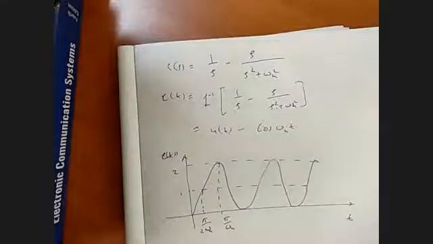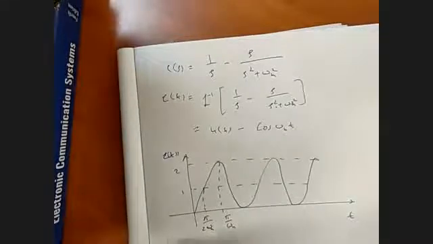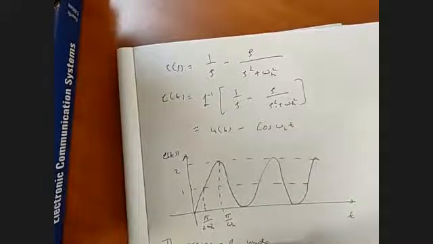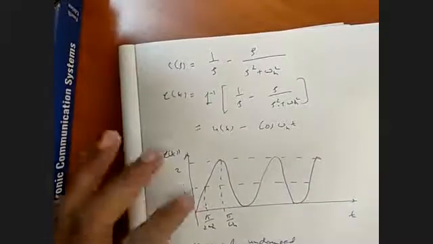So the unit step response of the second order system when delta is 0 will be a continuous time signal with constant amplitude and frequency. So this is known as undamped because there is no damping.